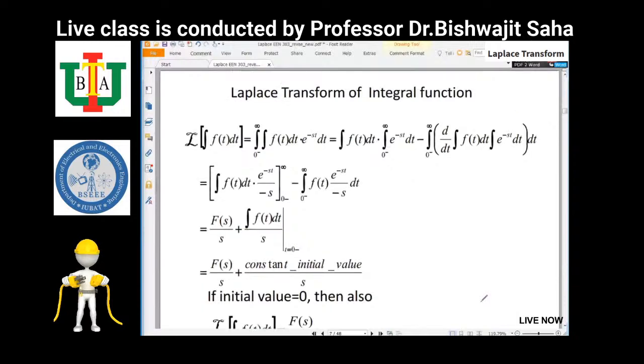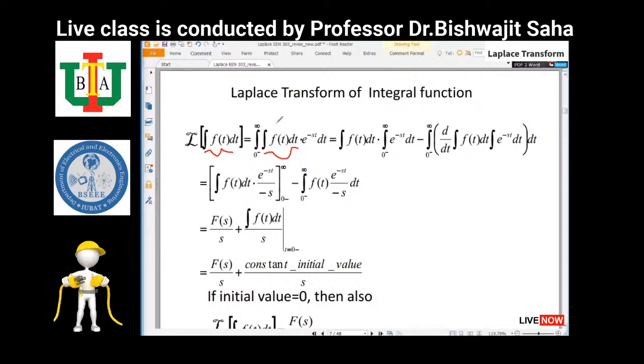Now we are going to find out the Laplace transform of the integral function, the integration of f of t. In a similar way, we take the integral from 0 minus to infinity of the integral of f of t dt times e to the power minus st dt. Here again we have to apply the UV formula.